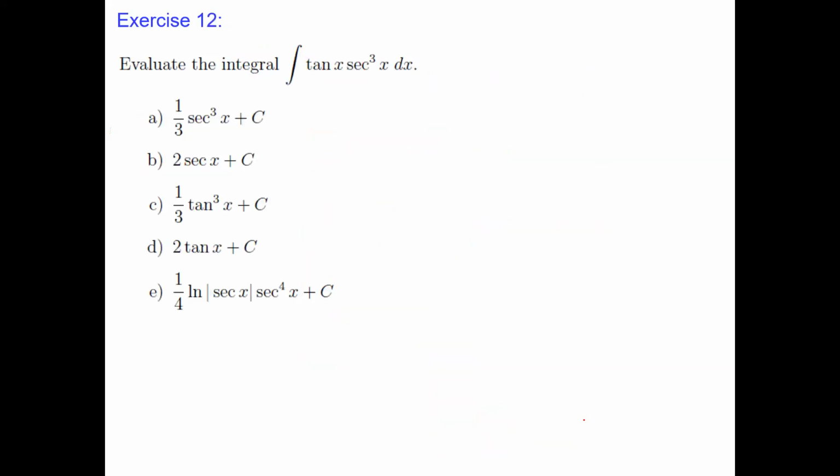Oh, multiple choice. Tangent secant. Looks like both are odd. That means I will pull out one tangent and secant square. Secant of x times tangent of x dx. You can see I did rearrange. We know what I'm doing by now. If u is secant, this is u squared, this is du.